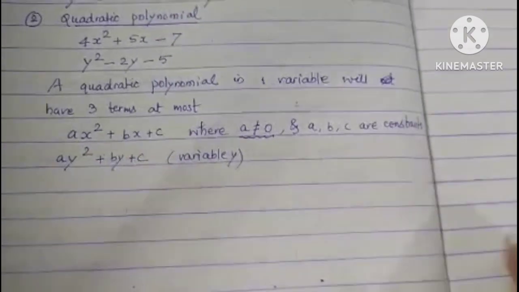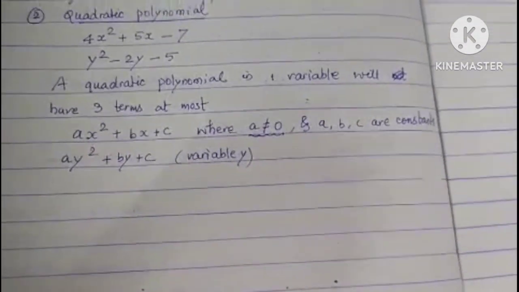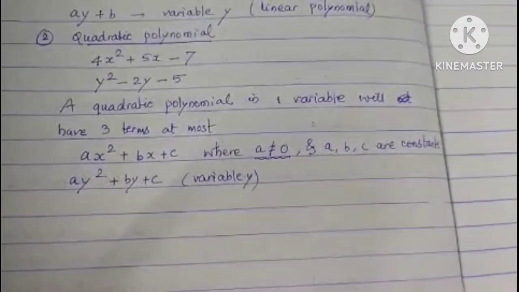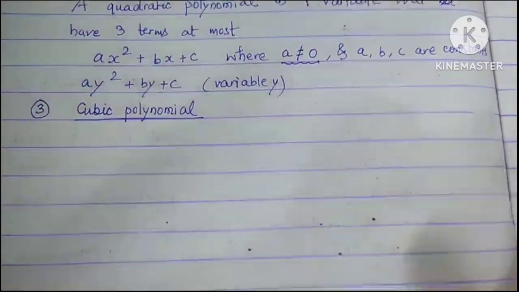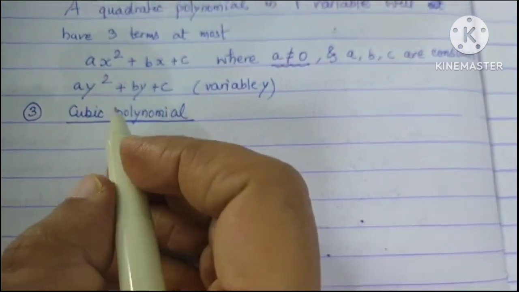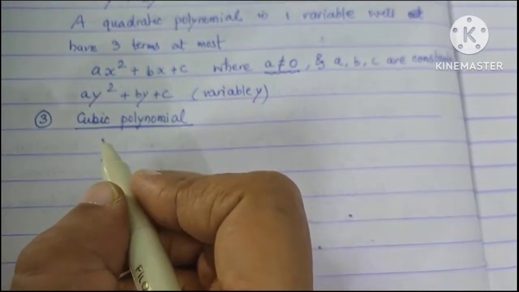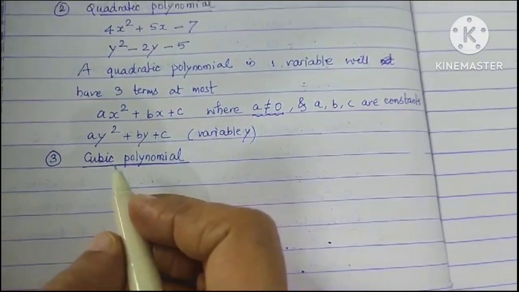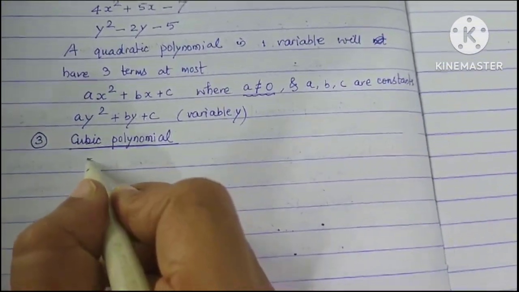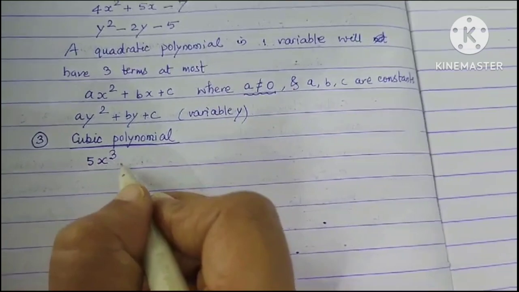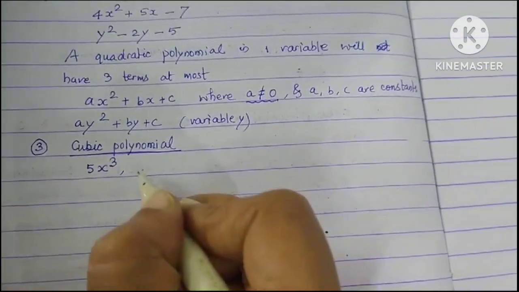Okay, so likewise we will write about cubic polynomials. We will understand the general form of a cubic polynomial. First let us write some cubic polynomials. If you write 5x cube, this will also be a cubic polynomial.